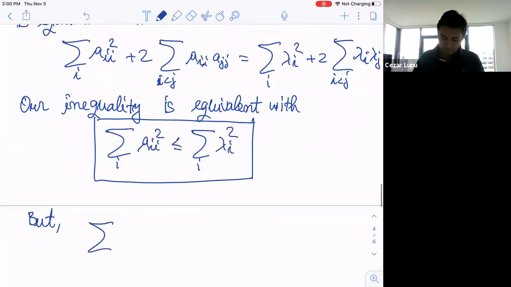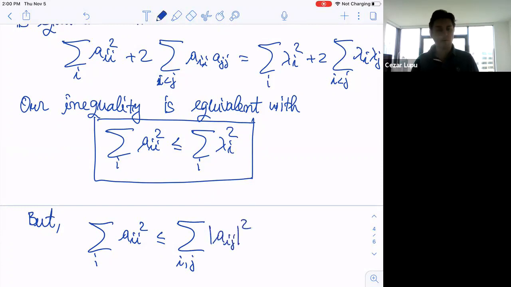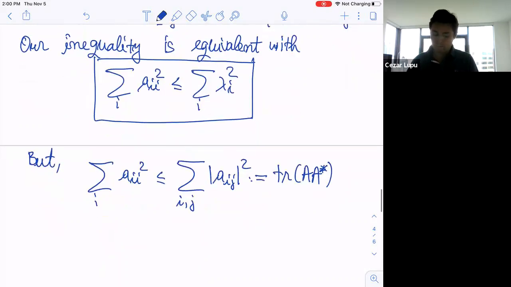The sum of a_ii squared is less or equal than the sum over all i, j of the absolute value of a_ij squared, right? And this is what we call the Hilbert-Schmidt norm, the trace of AA star.